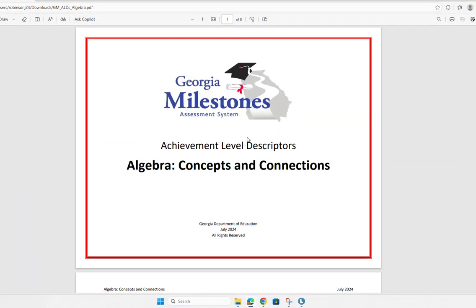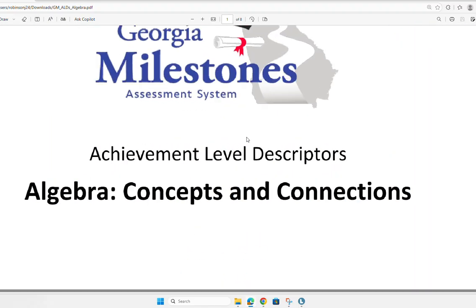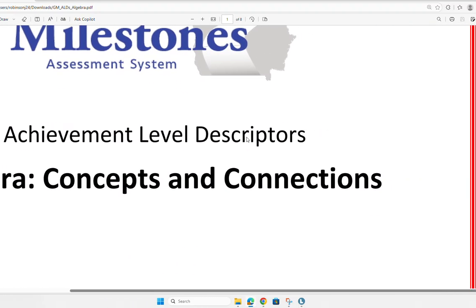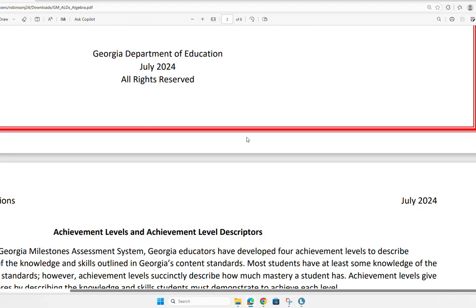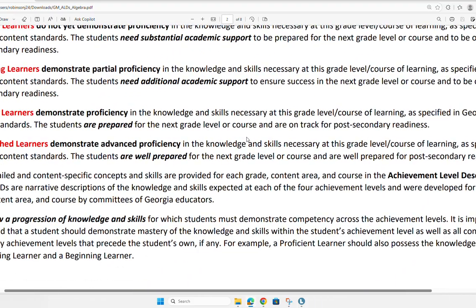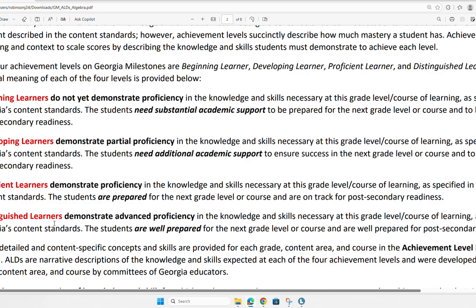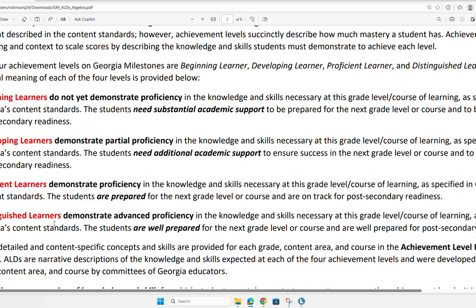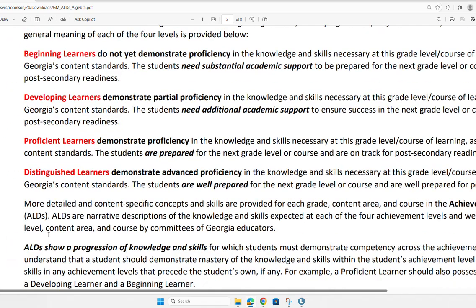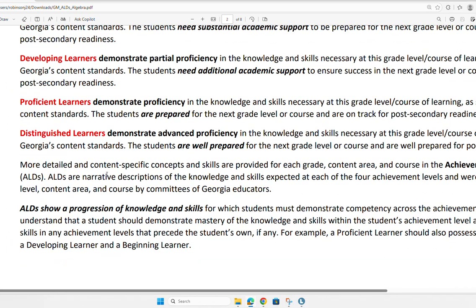So this is the Georgia Milestones achievement level descriptors for algebra. What I've done and what we're going to do over the next 8 days is, if you look, there are 4 levels to milestones, and they are beginner, developing, proficient, and distinguished. I am forcing us to all operate in an area of distinguished learners.